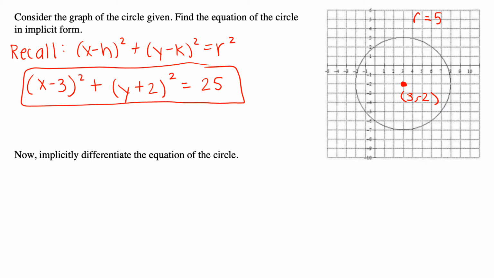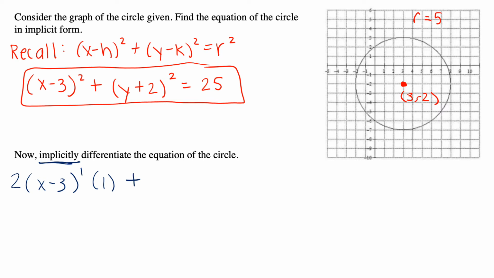Now we want to implicitly differentiate the equation of the circle, meaning we want to find the derivative. We're going to start with our first term here. (x minus 3) squared is, you guessed it, a chain rule. So we can bring our 2 down, change our exponent to a 1, leave the inside the same, then multiply by the derivative of the inside. The derivative of x is just 1, and the derivative of negative 3 goes to 0.